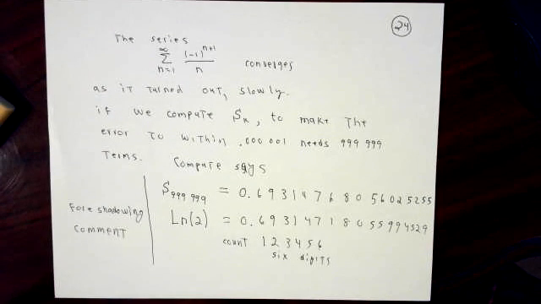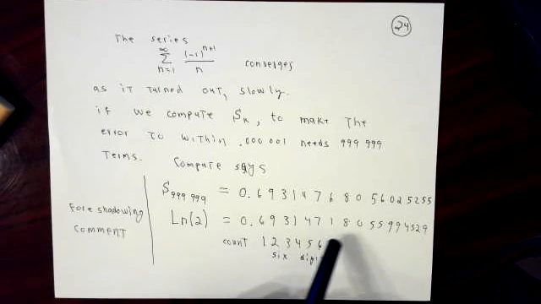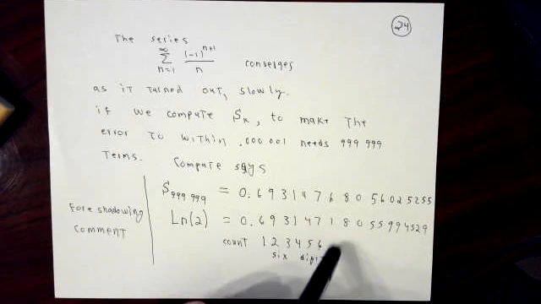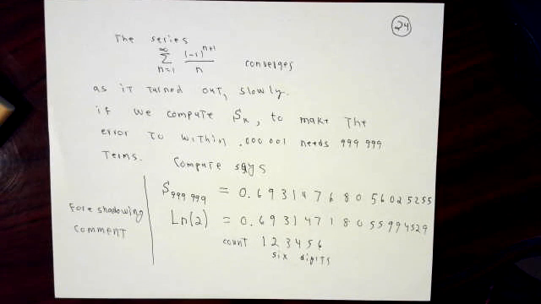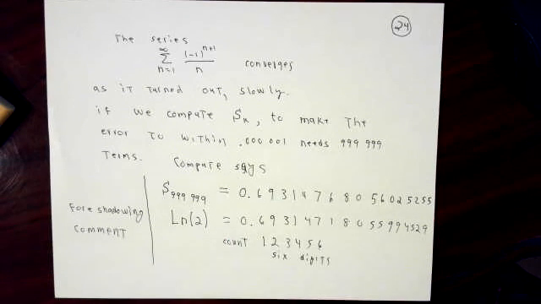So if I write out the natural log of 2 in decimal, 0.693147180559, and if you look at it in the 7th decimal place is where my partial sum and the exact value of natural log of 2 start being different. So the difference between my partial sum and natural log of 2 is about 5 times 10 to the negative 7 power, which is certainly smaller than this.